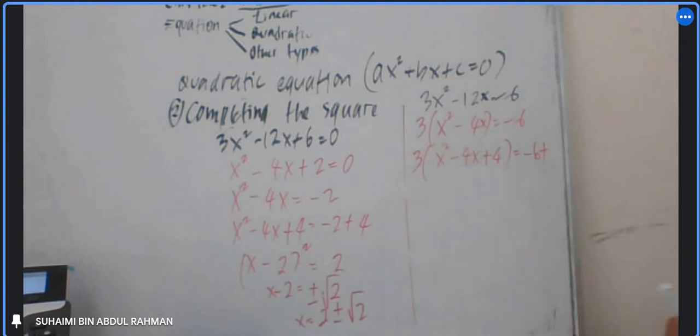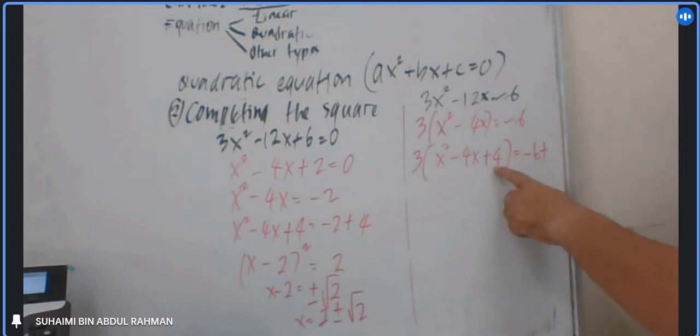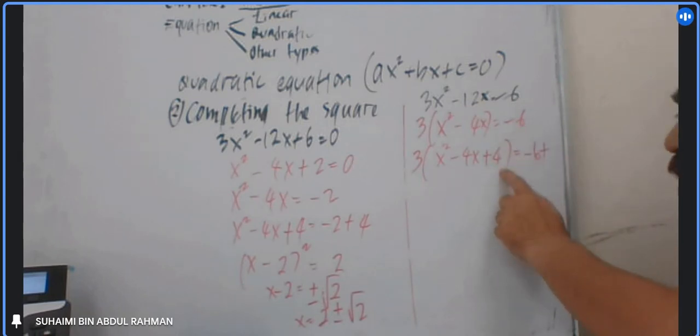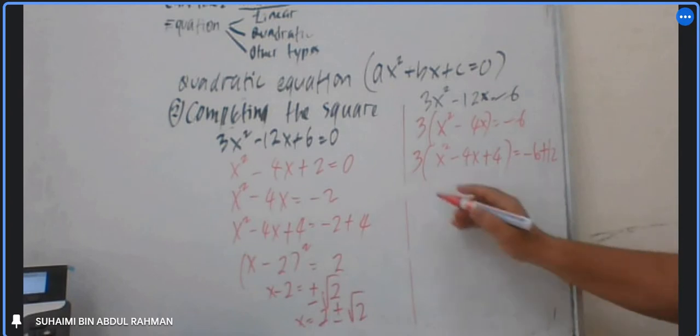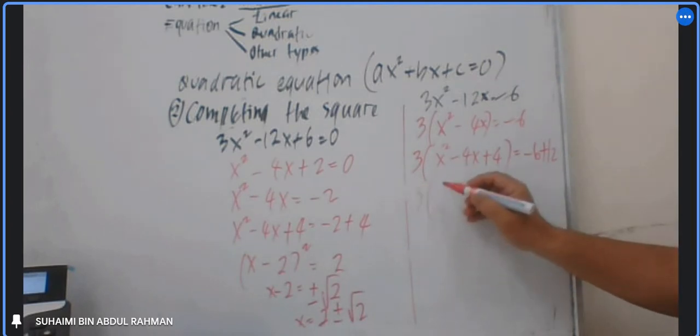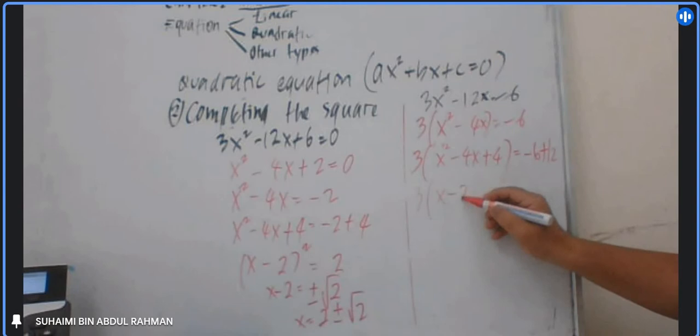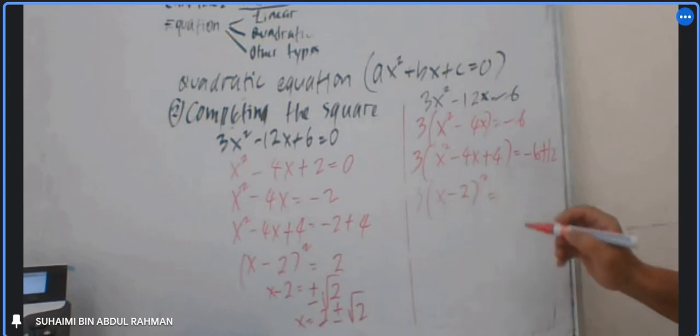Students always make a mistake because they say we only plus with 4. In fact, not plus with 4, but 4 multiplied by 3, 12. 3 times x minus 2 square equal to 6.